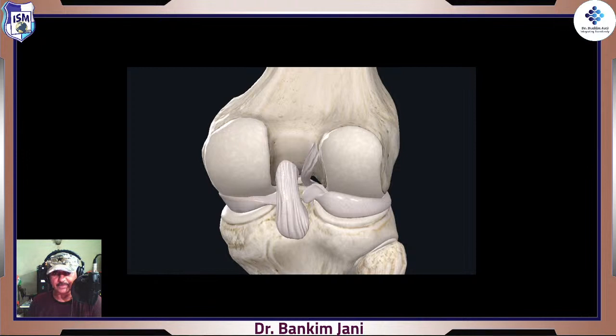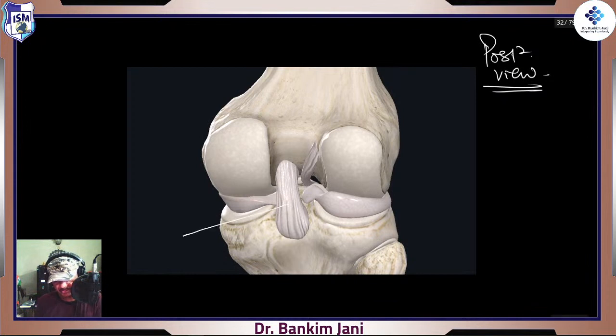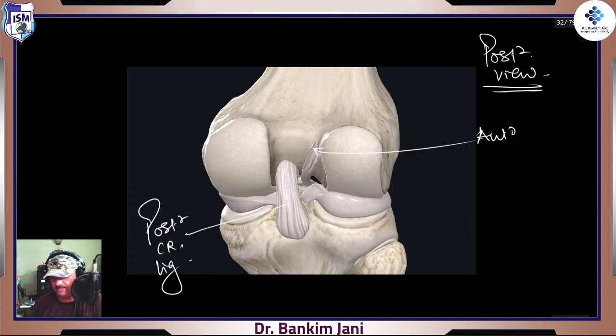Straight away you can see which aspect it is. This is the posterior view. Just look at the condyles seen so prominently. And this one is the posterior cruciate ligament, and this shy one is the anterior cruciate ligament. Now see, when we look at this, they don't cross like this, right? So that's the whole idea.